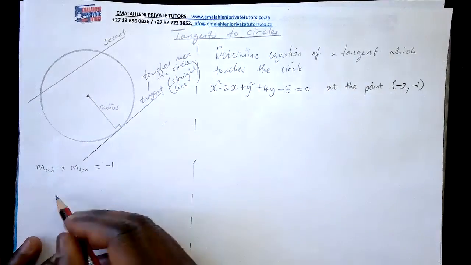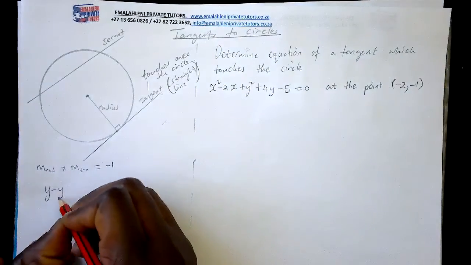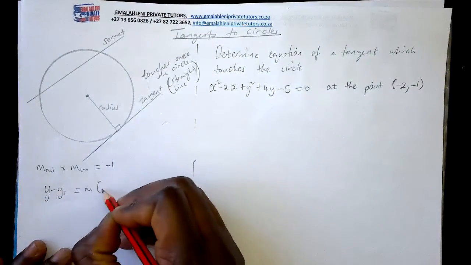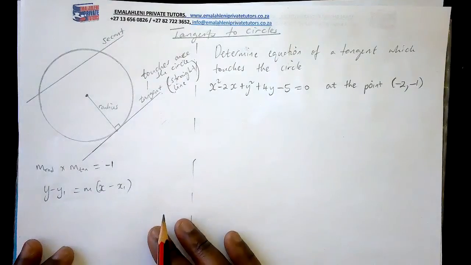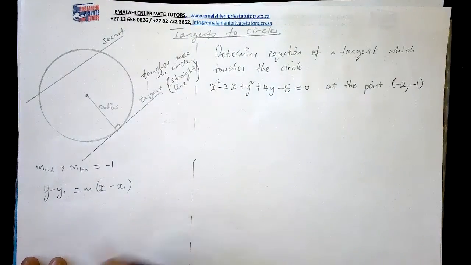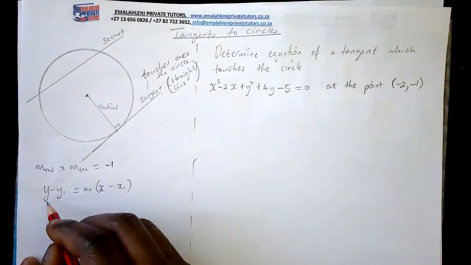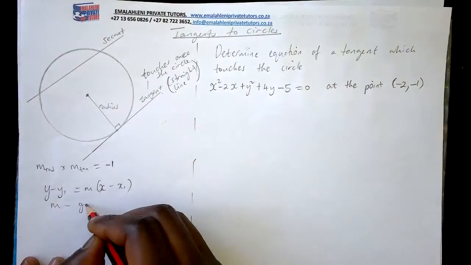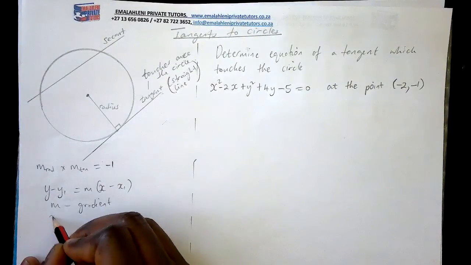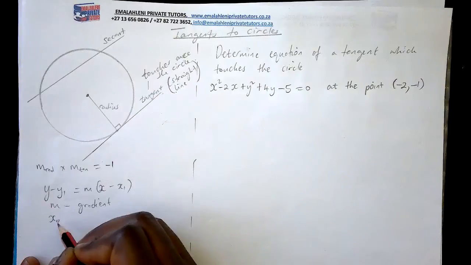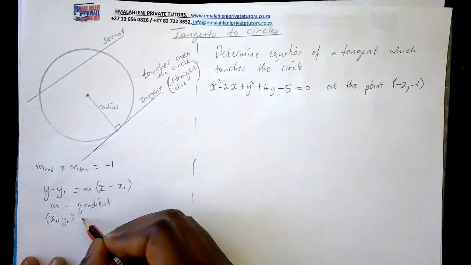So you need to know y minus y1 is equal to m times (x minus x1). That's the formula that you use to calculate the equation of the tangent. Here m is your gradient, and x1 and y1 are your coordinates.